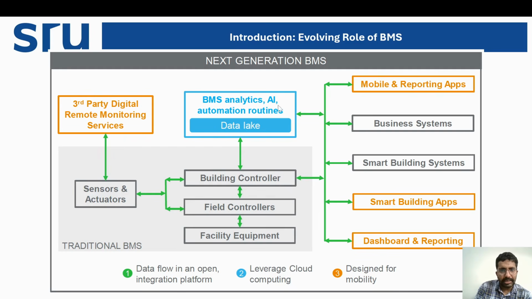Then BMS analytics, AI automation, routines, data lake are there. These leverage cloud computing based systems. Then mobile and reporting apps, business systems, smart building systems, smart building applications, dashboards and reporting designed for mobility. These things can be developed.